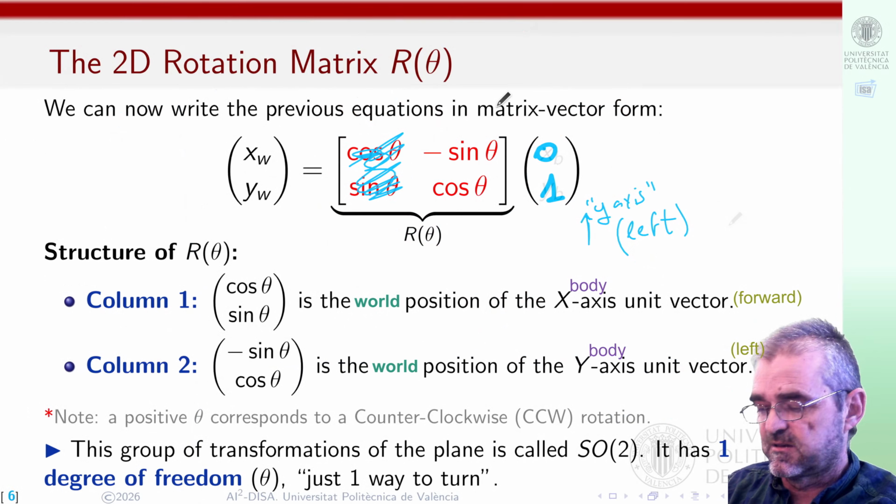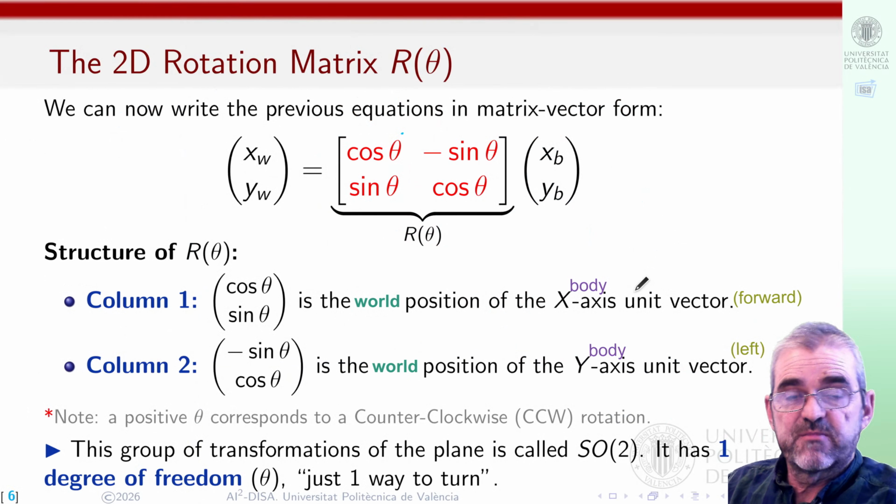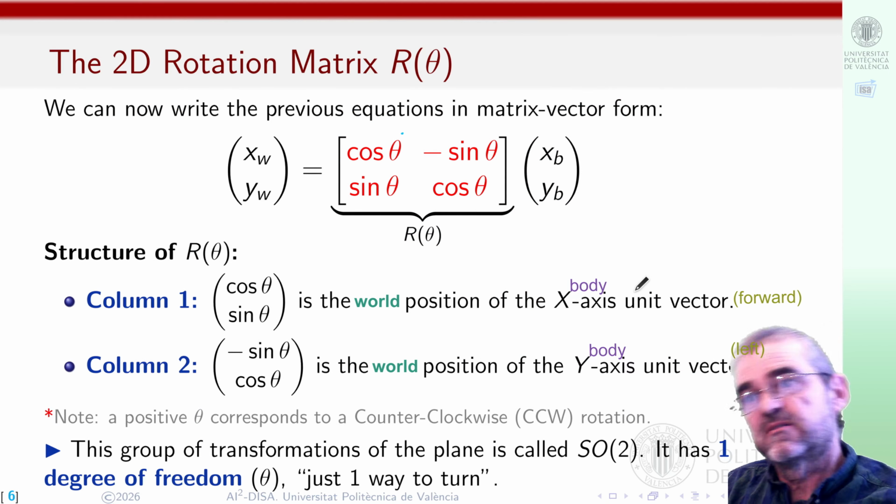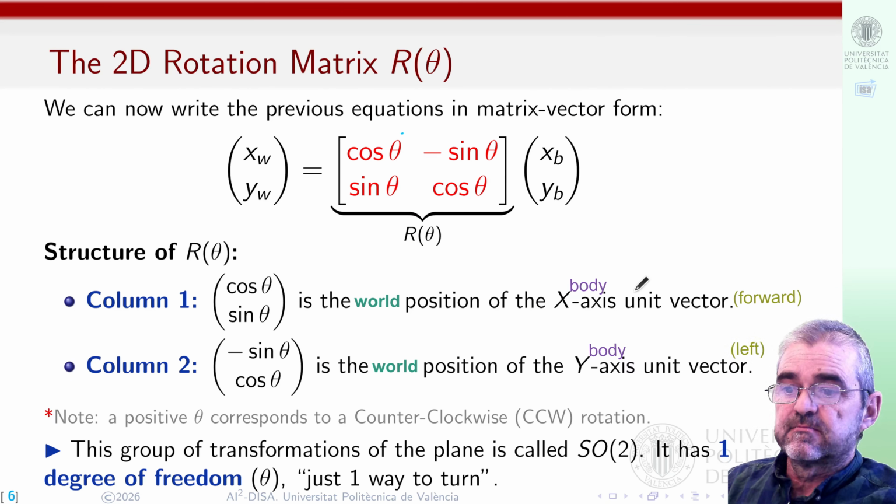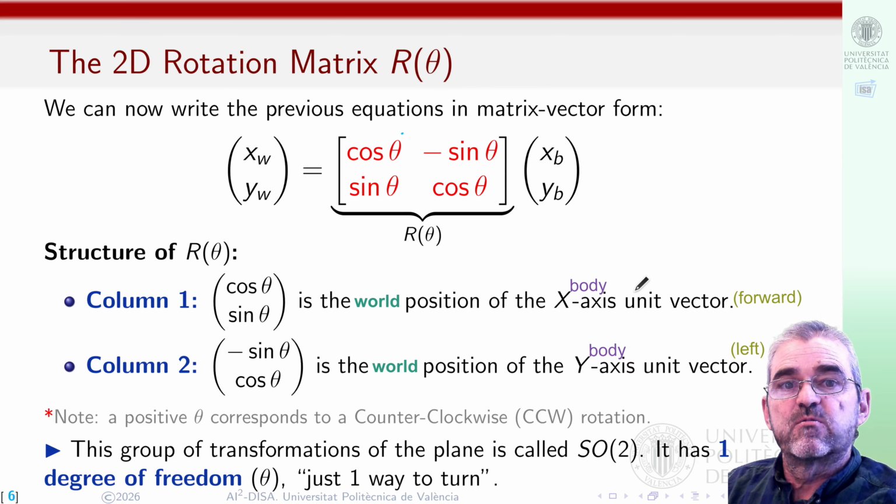So this is the meaning of the columns of the rotation matrix, the new coordinates of the principal coordinate axis, let's say, in one frame into another frame, and this group of transformations, 2D rotations, are called in math books SO2, special orthogonal dimension 2.